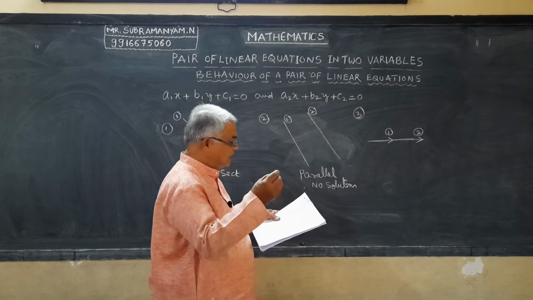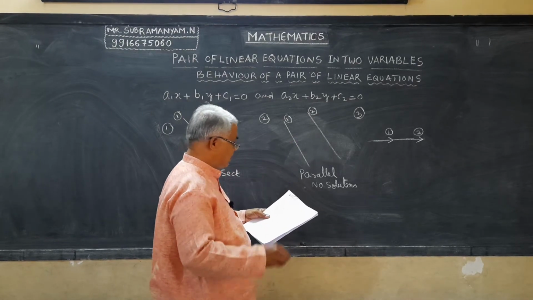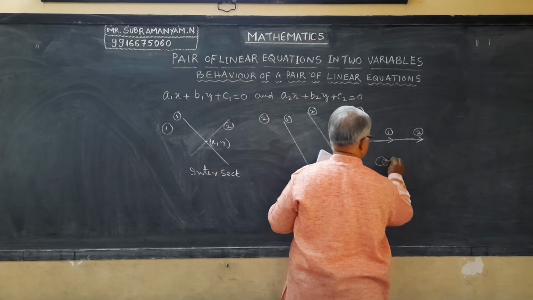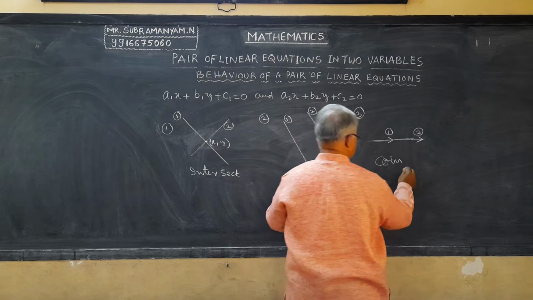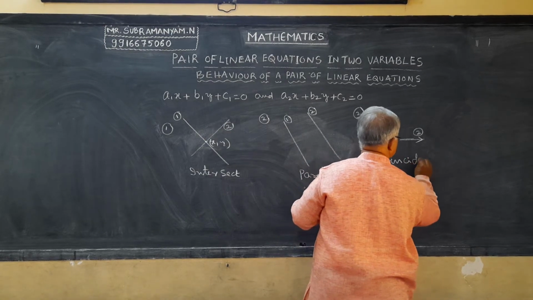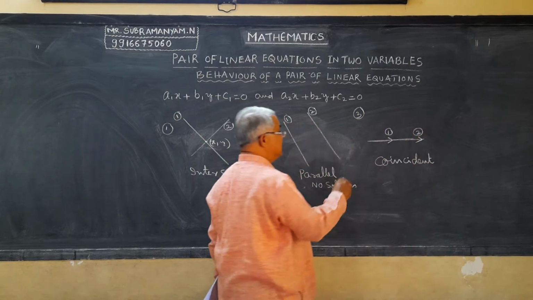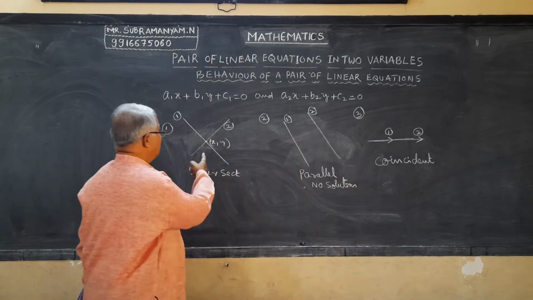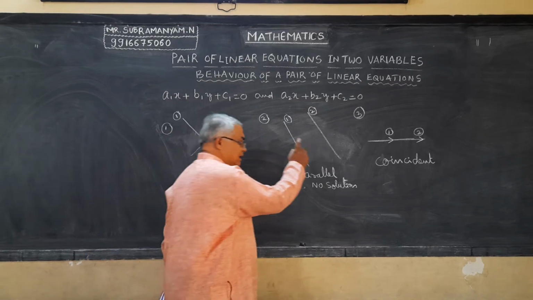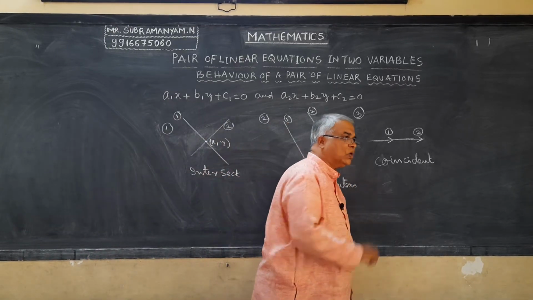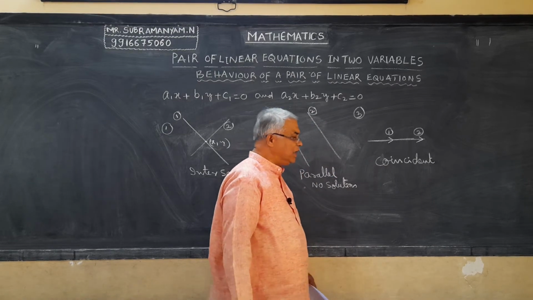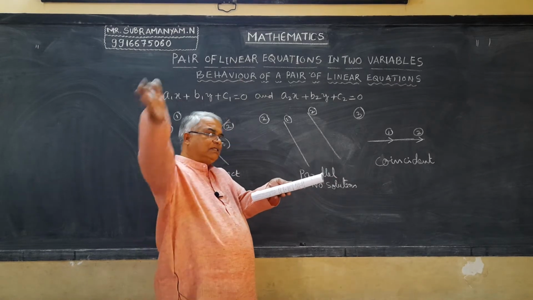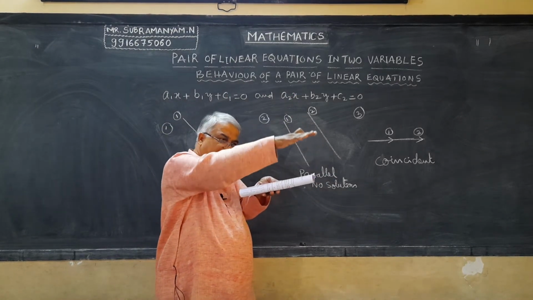The lines which lie on each other, we call them coincident lines. Here they intersect. Here they are parallel. Here they are coincident. When they are coincident, that means the first line lies on the second line.